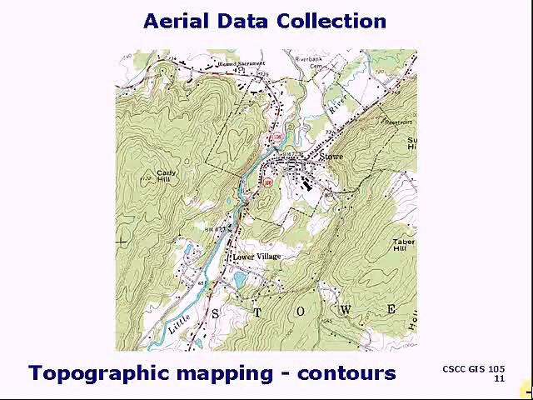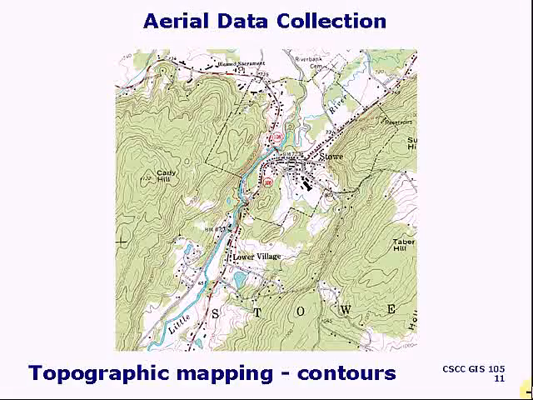But contours are just a way of visualizing what's going on, a way of showing how that topography is being changed as you go from one area to the next.